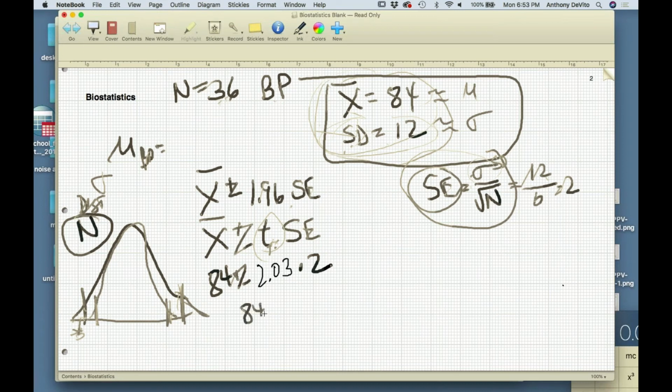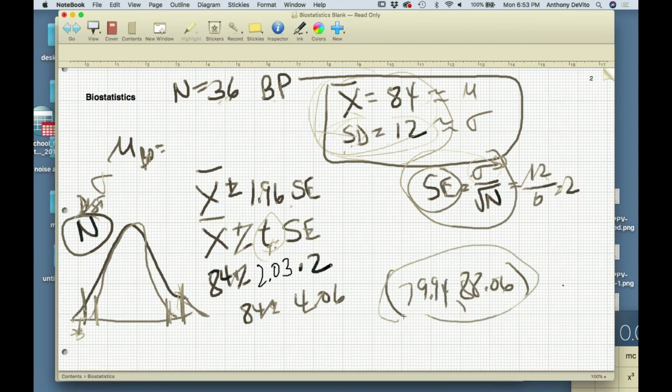So it's going to be 84 plus or minus 4.06. On the high end, it's going to be 88.06, and on the low end, it's going to be 79.94, I believe. That's my 95% confidence interval because I used the t-value.